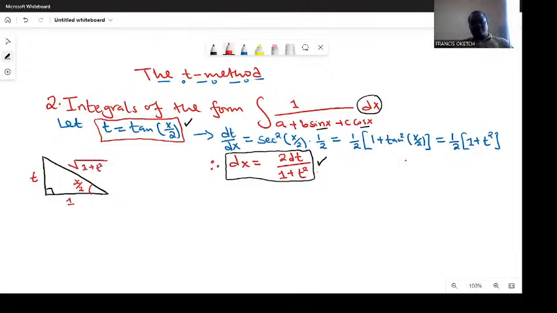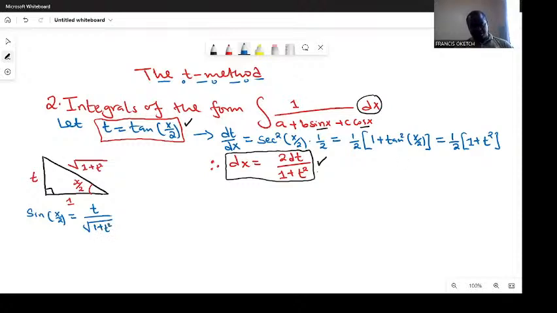Now, from our triangle, it is easy to get sine x over 2. We can read it straight away from the triangle. Remember SOHCAHTOA, that is opposite over hypotenuse. So opposite is t, hypotenuse is the square root of 1 plus t squared.